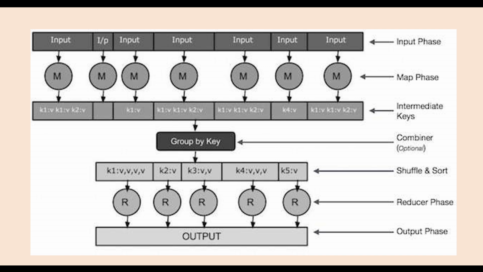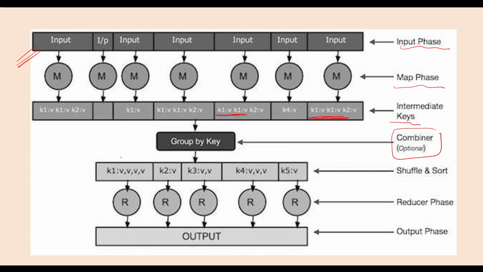So there is one more diagram we can see here. We have an input phase. Then the mapper will run, and it gives an output in the form of key value pairs. Then the combiner works, which is optional.